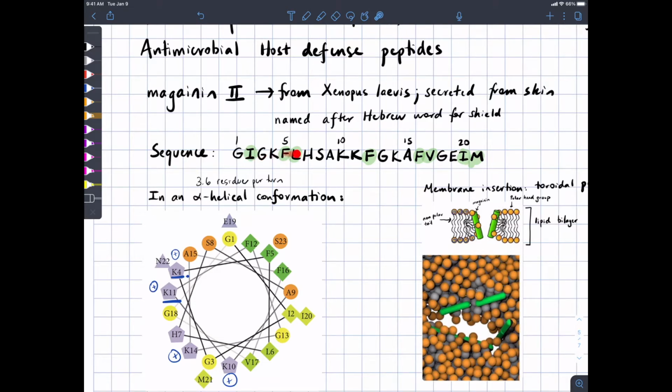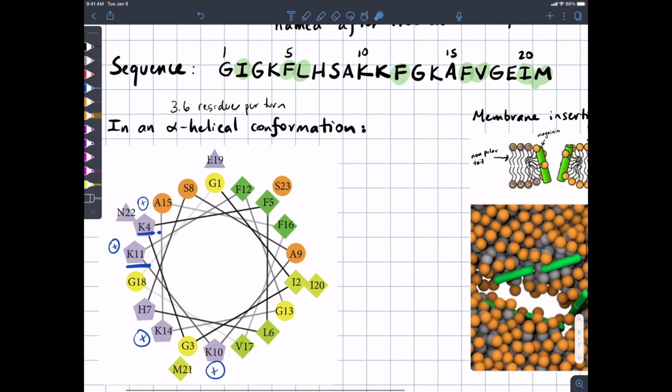And if you map this sequence out onto an alpha helix, the non-polar amino acids, phenylalanines here, isoleucines here, leucines and valines here, these all tend to be on one side of the helix, whereas the other amino acids tend to be on the other face.